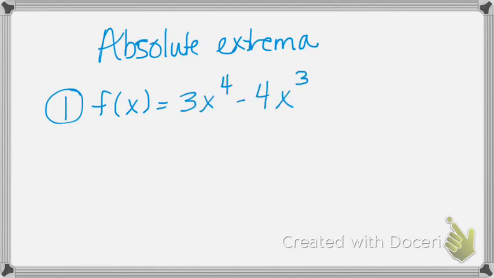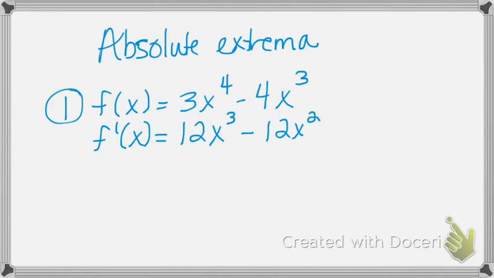Alright, first thing we're going to do is find the derivative because the derivative is going to give us all the possible maxes and mins. Also, I should have given you the interval for this particular problem. You'll be given an interval and you'll be given an equation, and we want to find the absolute max and min on that interval.